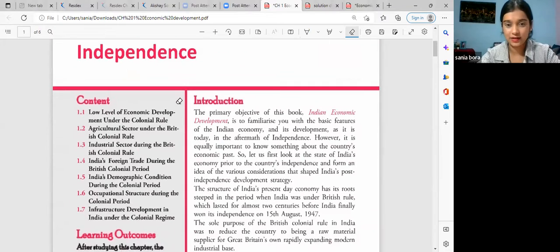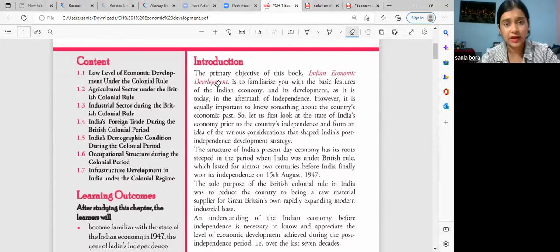Okay, so let's start. First is the introduction. Students, keep your notebook with you so that we can make notes as well. This is your very first chapter, so they will tell you why they introduce the Indian economy to you. The primary objective of this book, Indian Economic Development, is to familiarize you with the basic features of the Indian economy and its development.